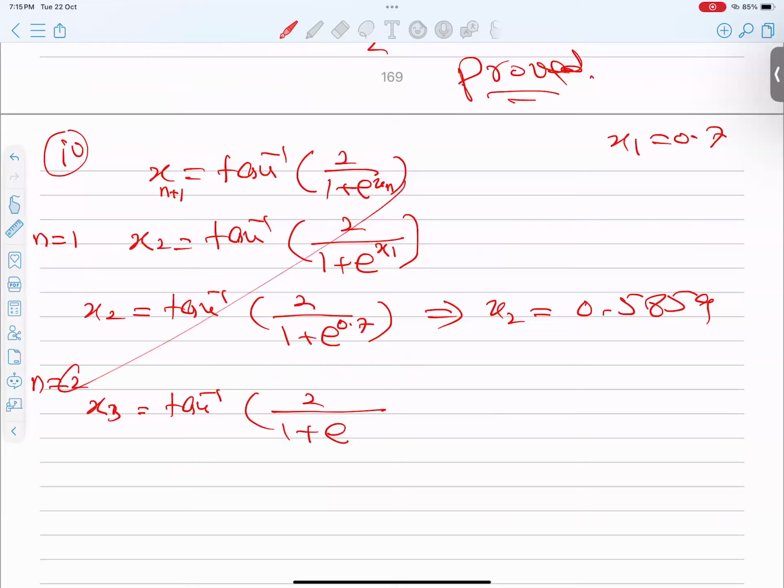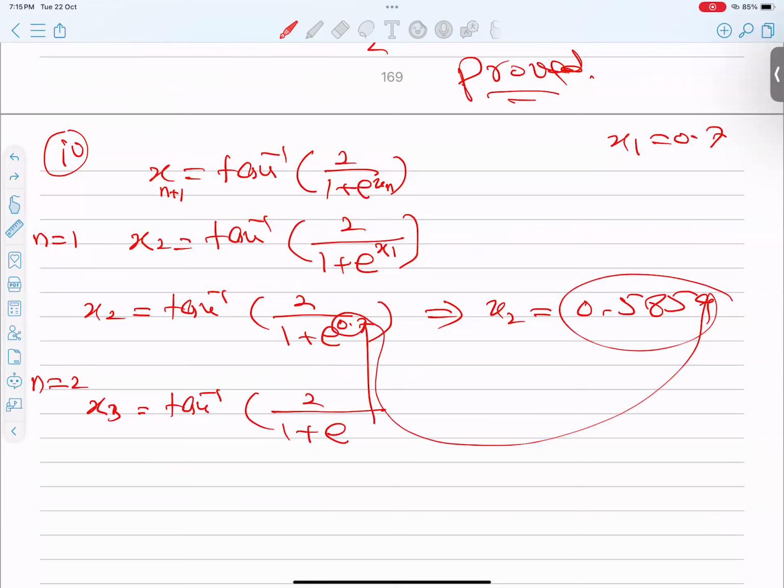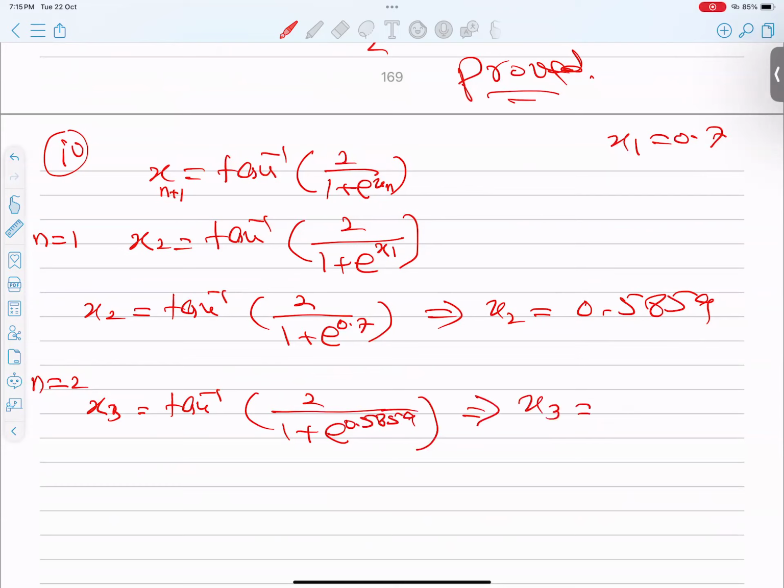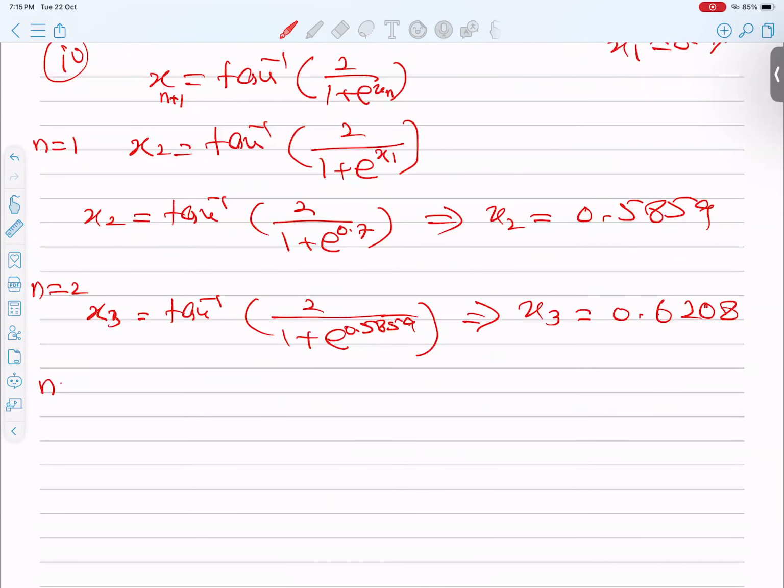When I plug in 2 here, it gives x2, and this number will come in the place here, which I'm writing for you: 0.5859. Let me find the value for you. Wait a minute, students. The answer I am getting is 0.6208. Okay, now I'll continue the same process.